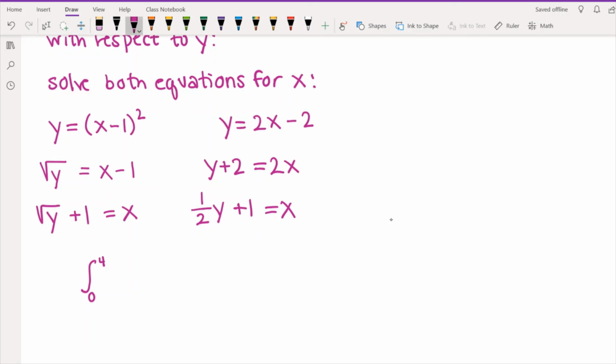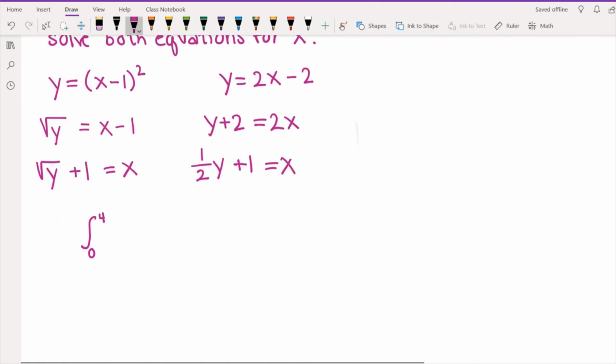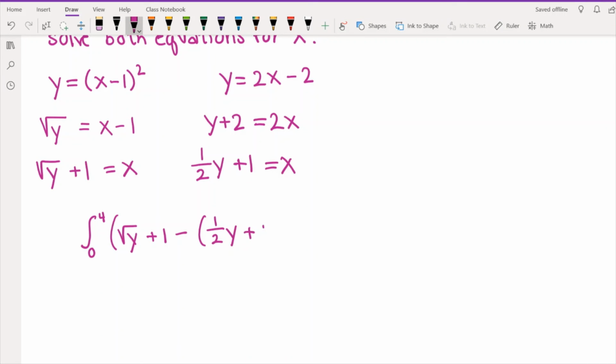And so our function on the right, again, was the square root. So we would have square root of y plus 1 minus 1/2 y plus 1 dy. And so again, this is the function on the right, and this is the function on the left.